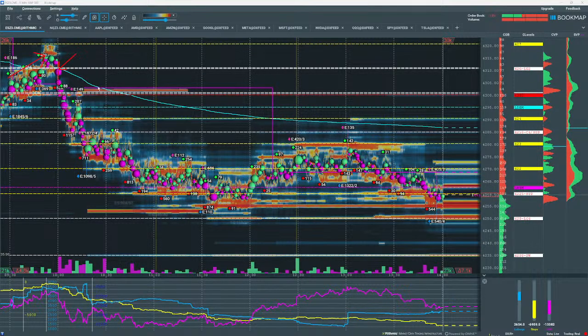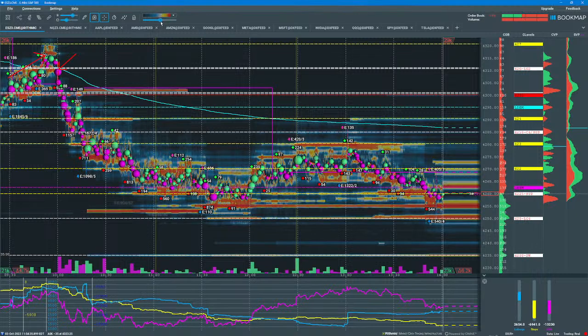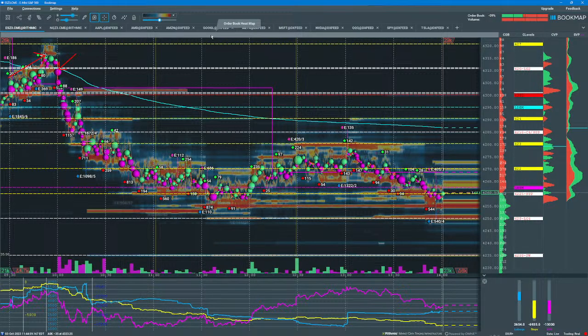Sharp drop, aggressive sellers. That's shown by the magenta volume dots. Let me tone down the heat map so we can see that a little bit easier. So the volume dots are showing buy minus sell market orders. So it's a delta. A green dot indicates there are more buyers than sellers.